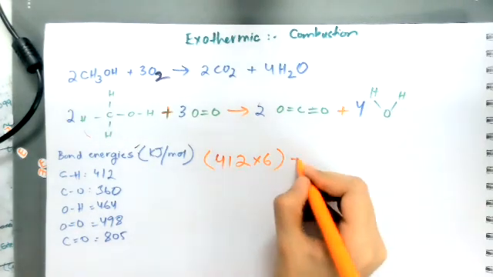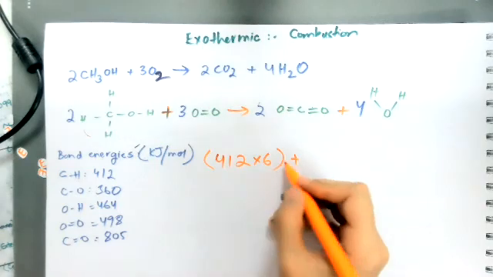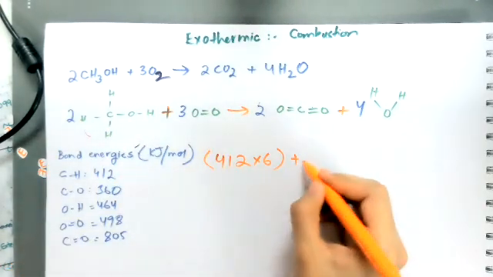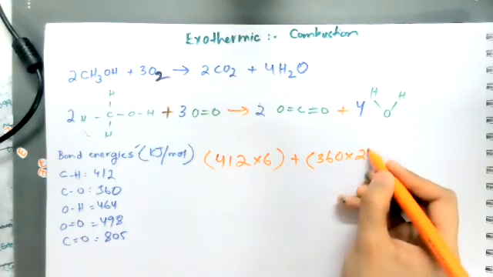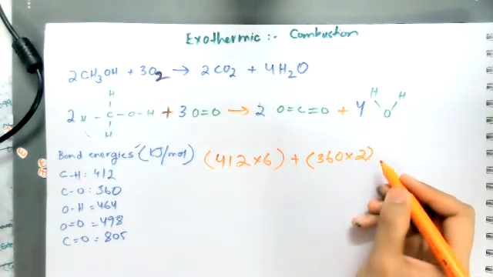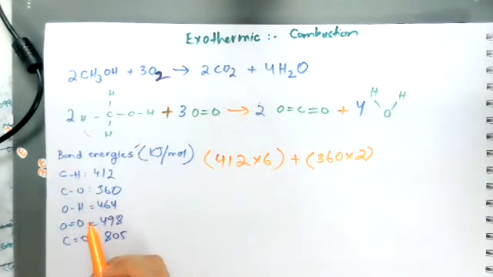And then I'm going to add that with this bond, so that's 360, and we have 2 of them. So 360 multiplied by 2, okay? And then we have hydrogen and oxygen. So we have to look at the bond energies. Which bond has the most energy? Carbon-oxygen double bond.